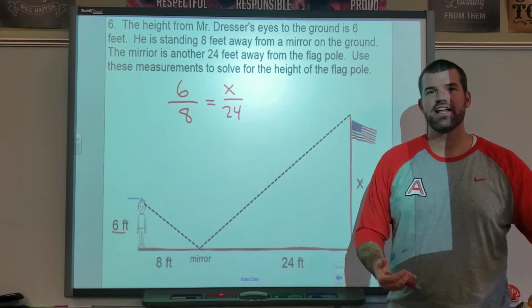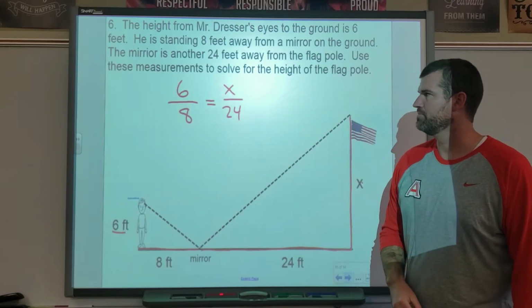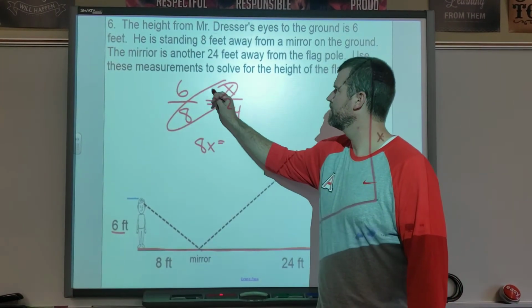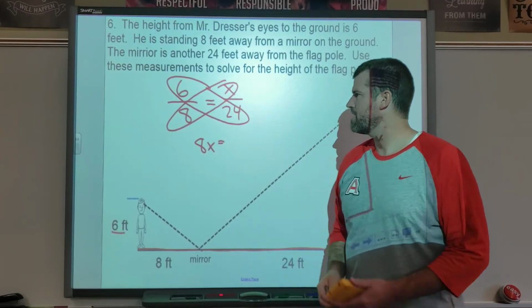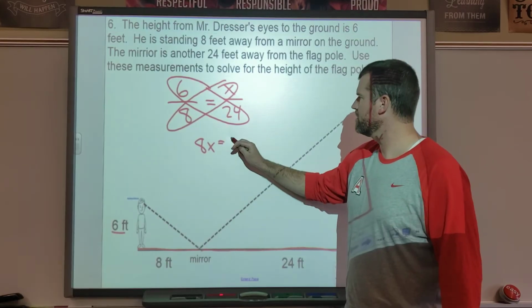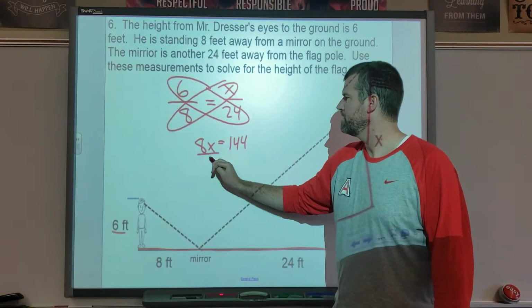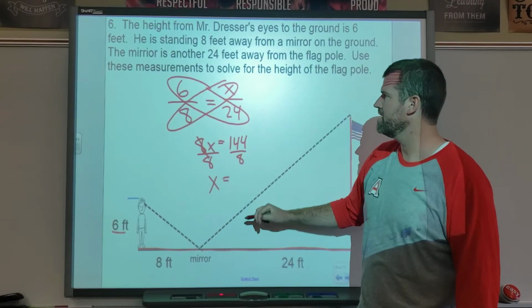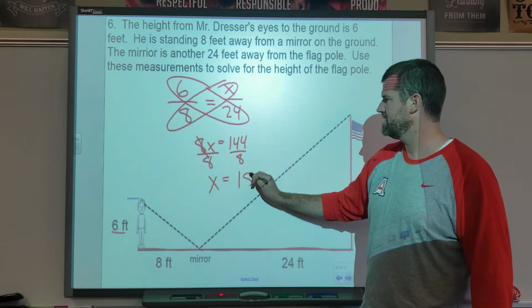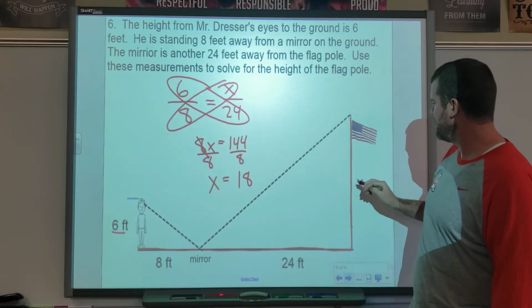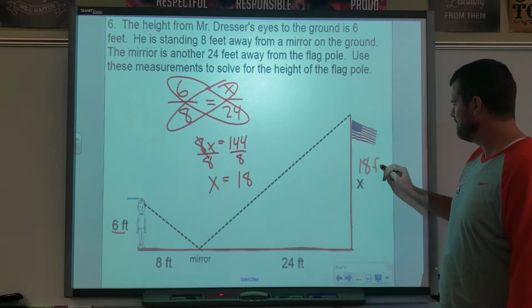And now I have everything I need to find the height of the flagpole. Cross multiply. 6 times 24, I'm just going to double check that. 144. Divide by 8. And x equals 18. So the height of the flagpole is 18 feet.